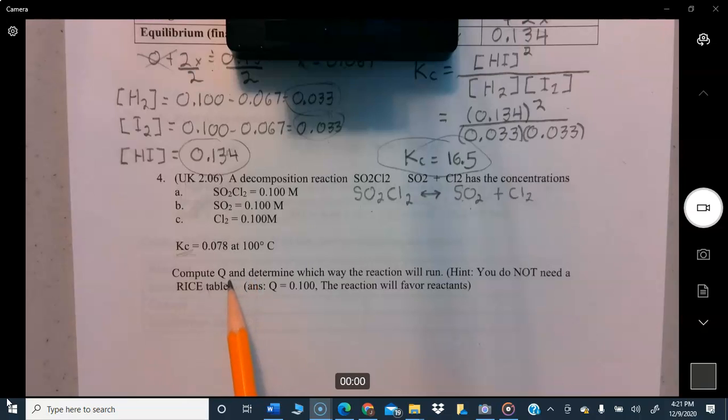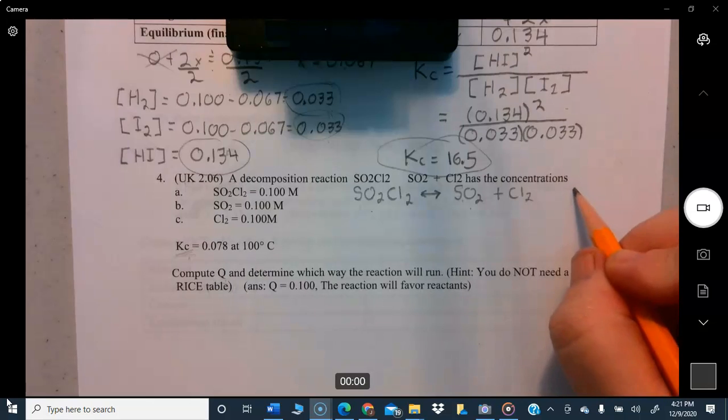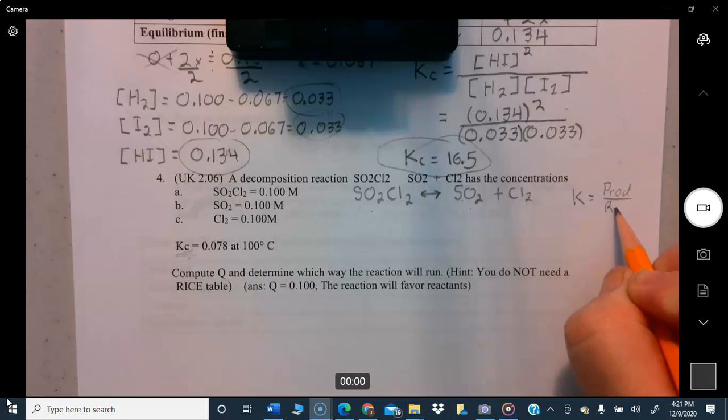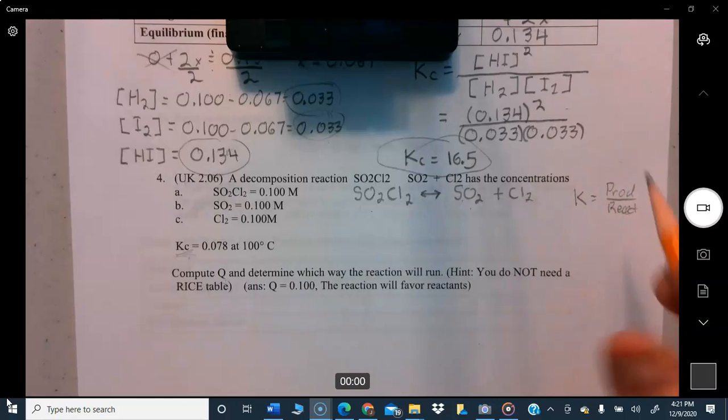So when you calculate Q, you're going to compute it exactly the same way as we did earlier to figure out K, and then you're going to see if your Q is greater than K. Remember what K is in general: K is products over reactants in some fashion.